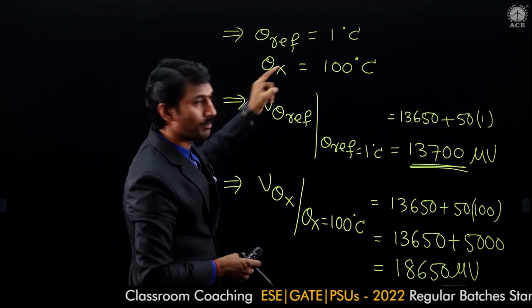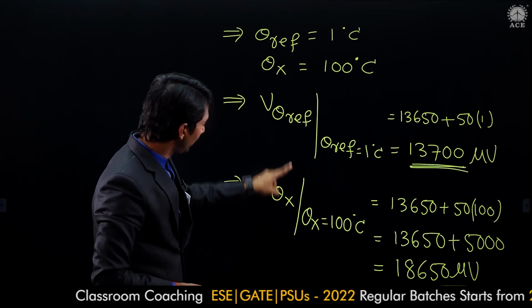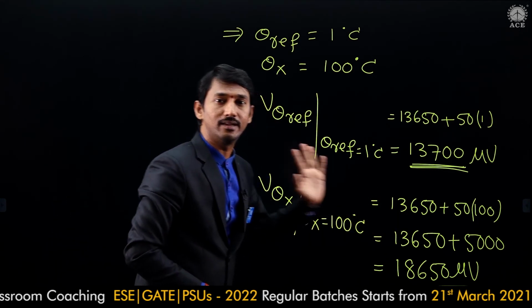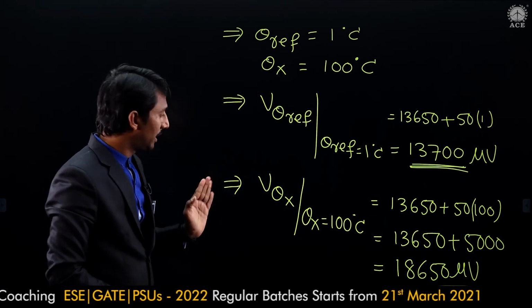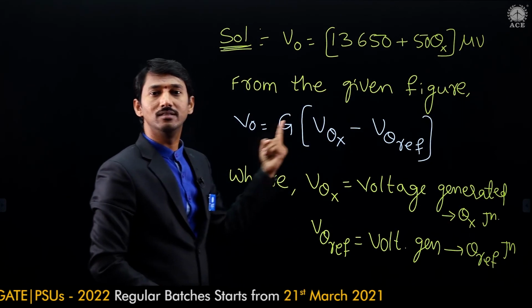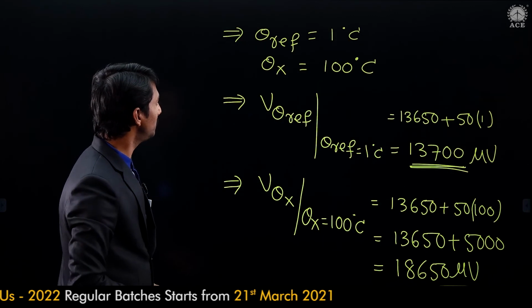Sir, what have we done? With the given temperatures, we have calculated two values, V theta reference as well as V theta x. Now our aim is to find the V naught value by using this equation.